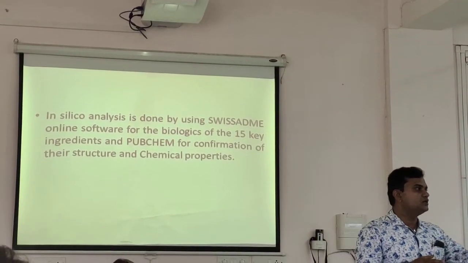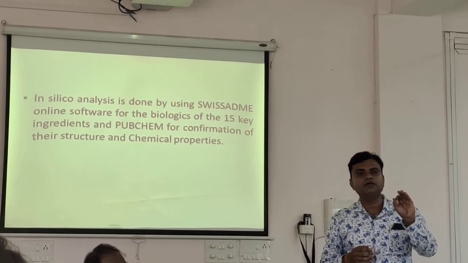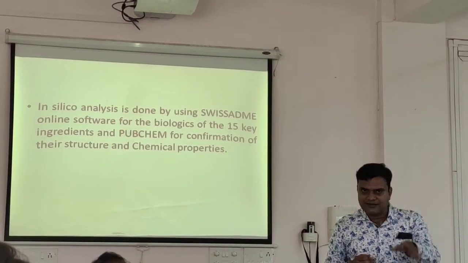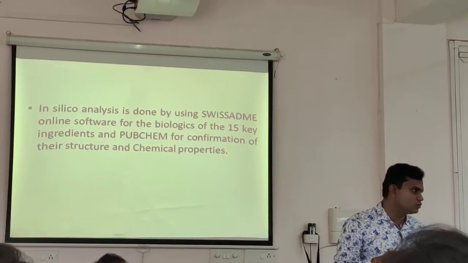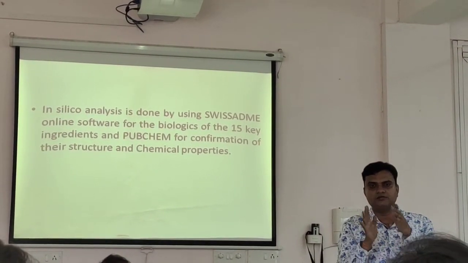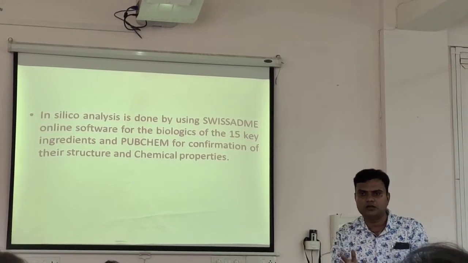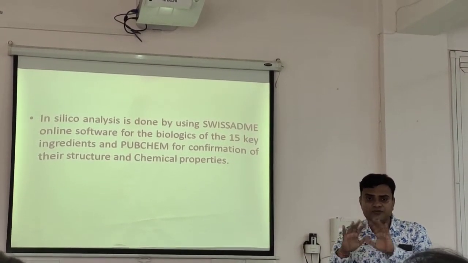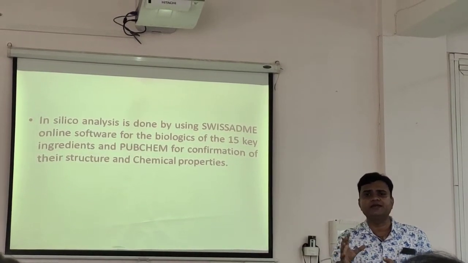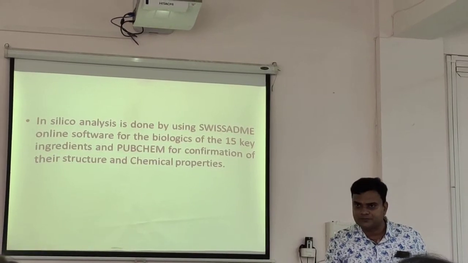As a result, these 15 key ingredients have high drug likeness as per the Lipinski rule, from one scientist who gave 5 rules. That is, it must have limited hydrogen acceptors and hydrogen donors, and the molecular weight must be low. Of these 15 key ingredients, 10 have very good gastrointestinal absorption.